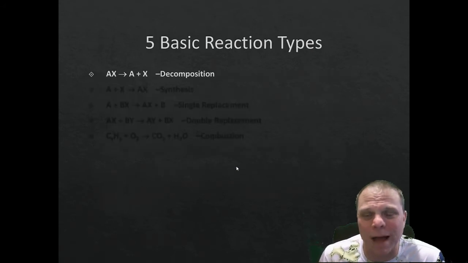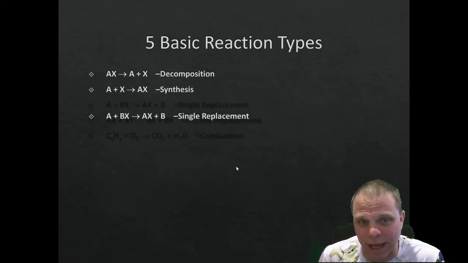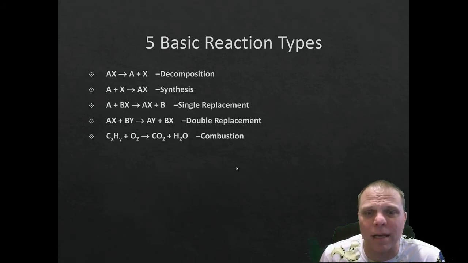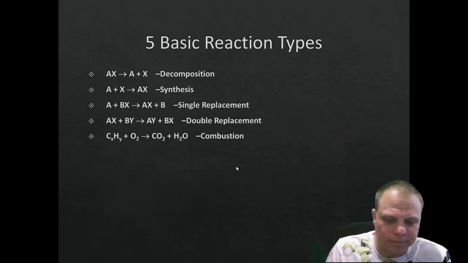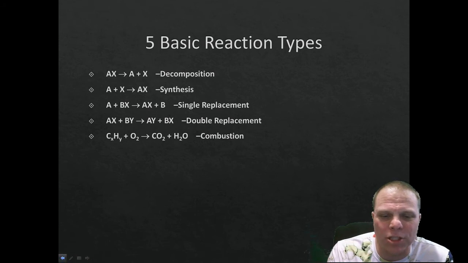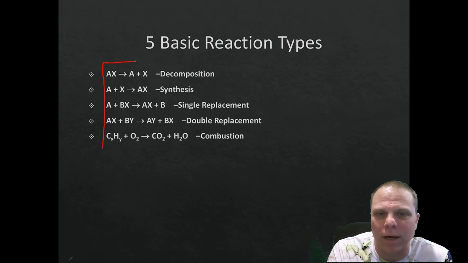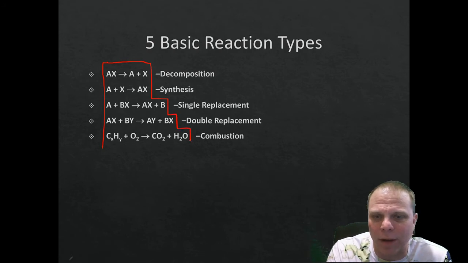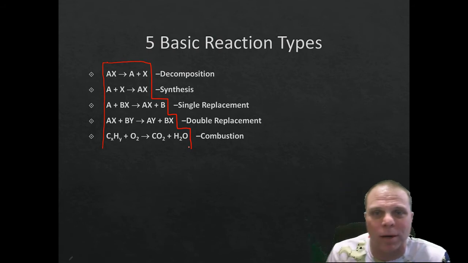We're going to talk about 5 basic types of reactions today. Now, each of these has what we call a general form, where we want you to recognize a pattern. What we're showing you here are these different patterns. Of course, there's no actual element A or element B or element X, element Y. That's not what we're trying to point to.